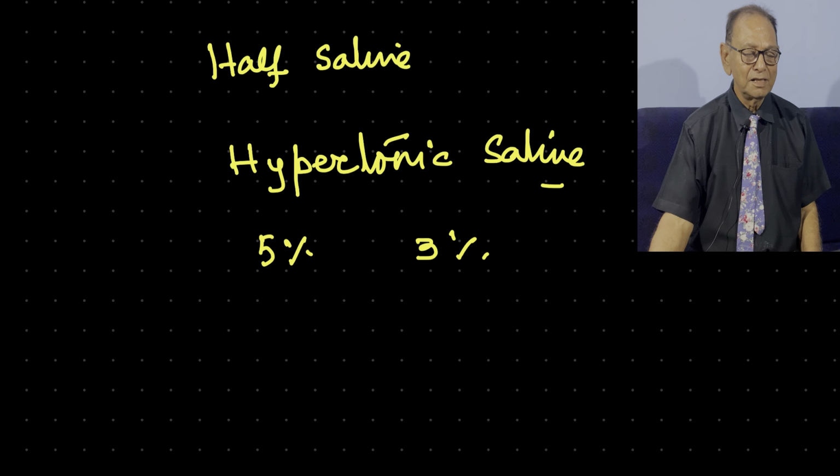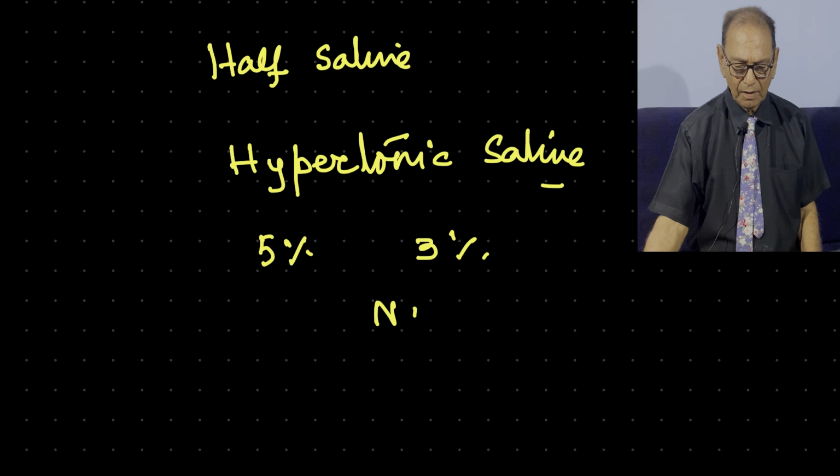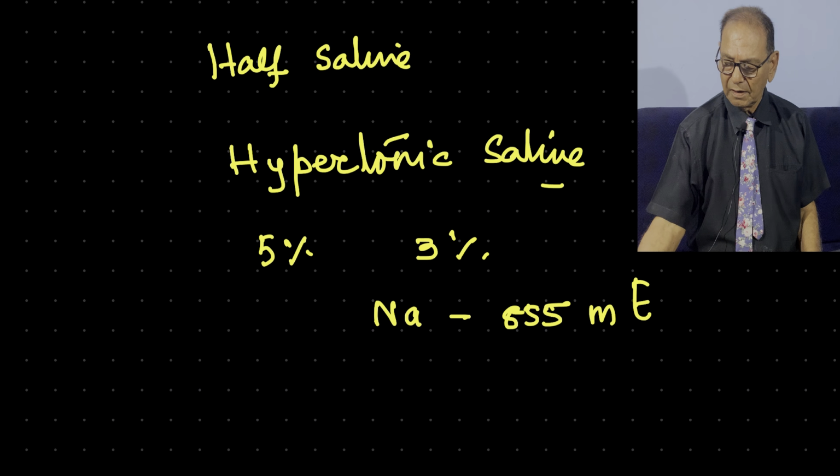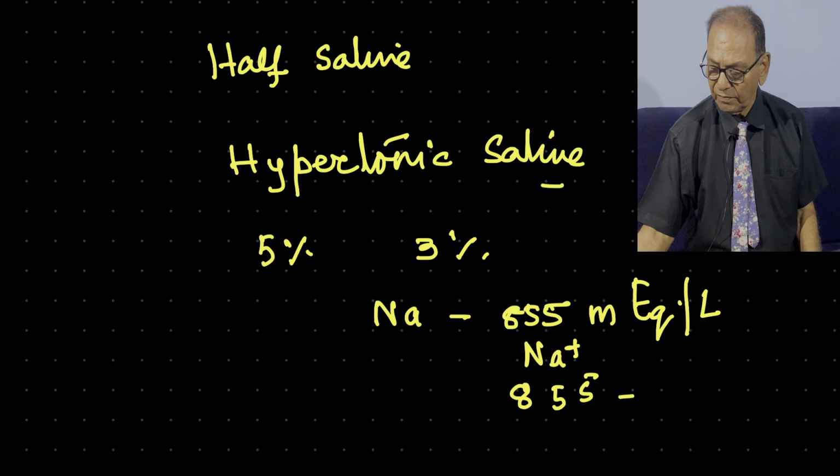It will be very easy for you if you want to calculate: the sodium chloride 5% will have a sodium strength of 855 milliequivalents per liter of sodium, and the same 855 milliequivalents of chloride.